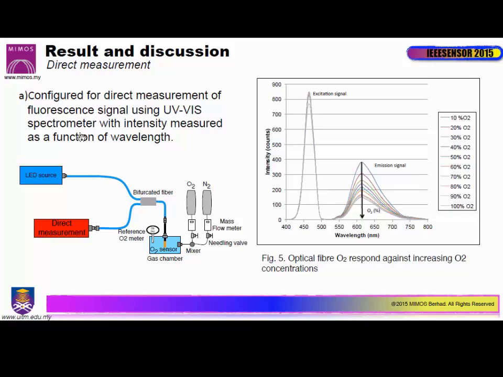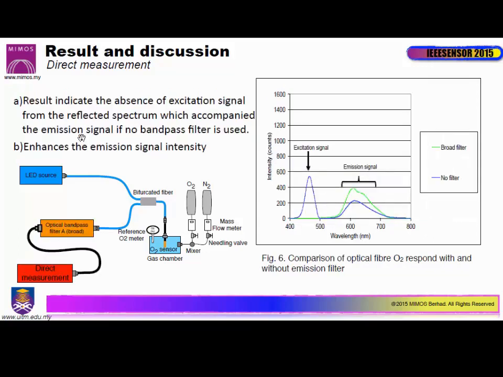So the next step was to include a bandpass filter, a broad bandpass filter, in the setup prior to the detection, still using the direct measurement technique. In this result, you can see that the excitation signal has been eliminated, and this allows for a higher emission in the green line as compared to the previous one.